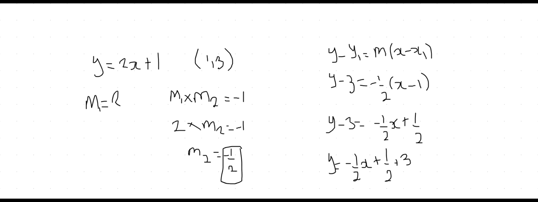So our line is y is equal to -1 over 2 x. Let me just write it properly.